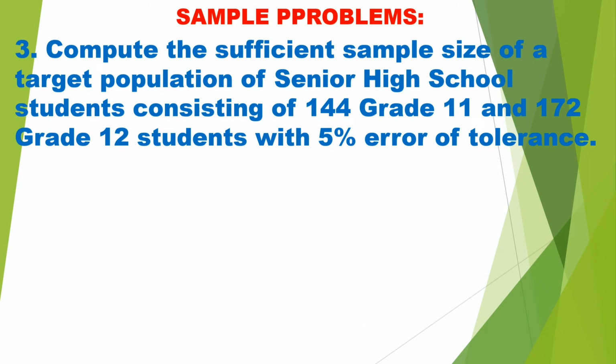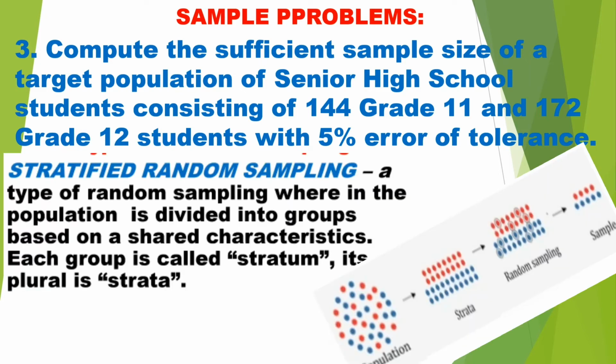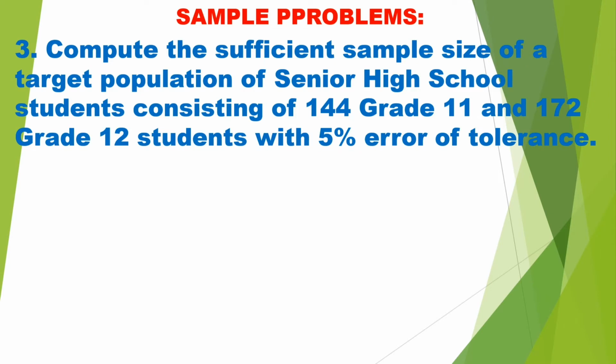Next problem, number 3. Compute the sufficient sample size of a target population of senior high school students consisting of 144 grade 11 and 172 grade 12 students with 5% error of tolerance. For this specific problem, we need to apply stratified random sampling because we have two groups of students.